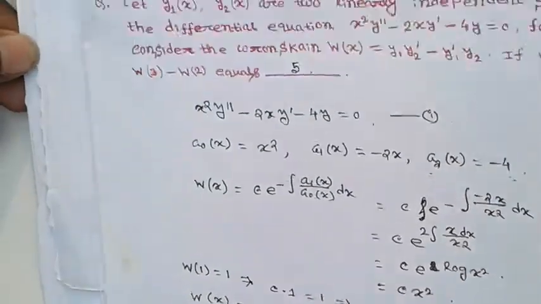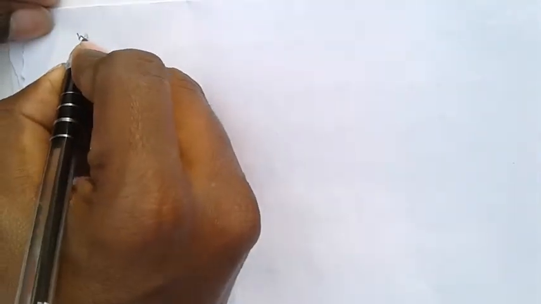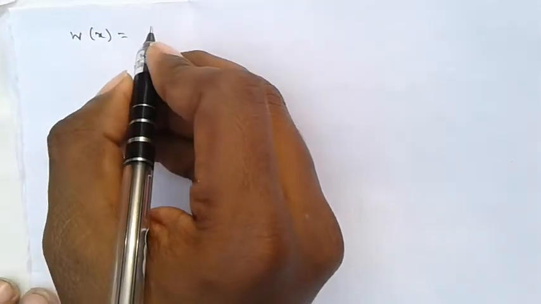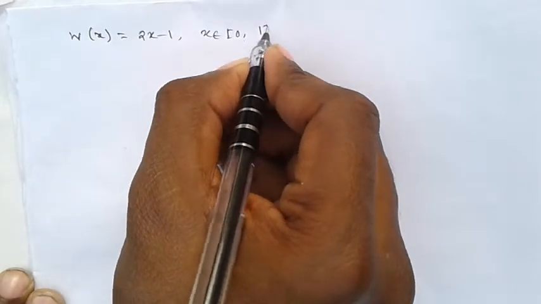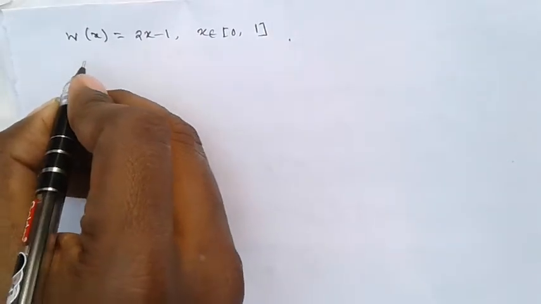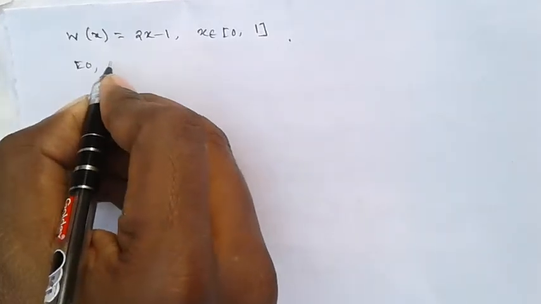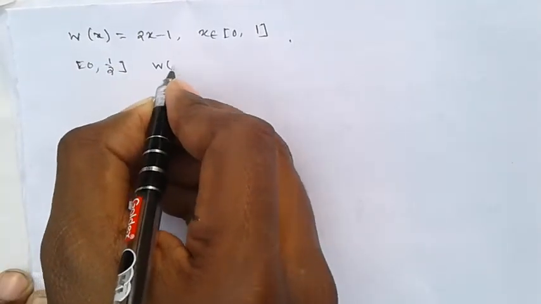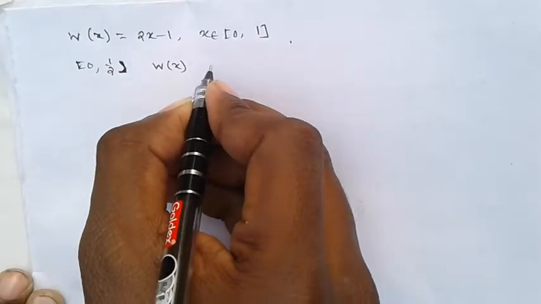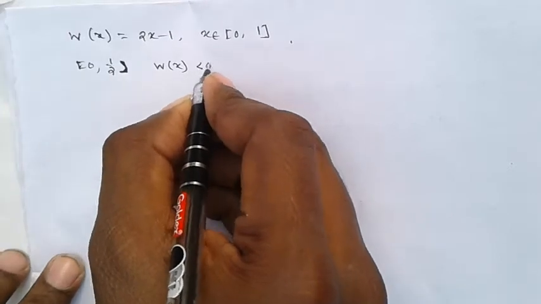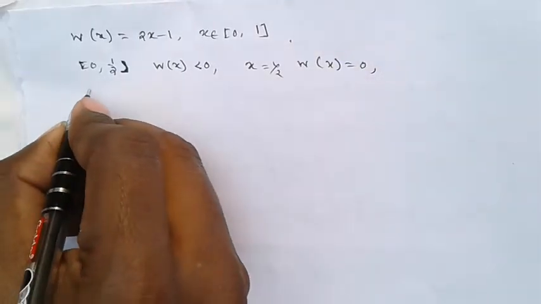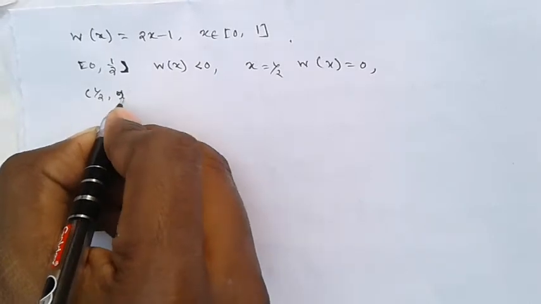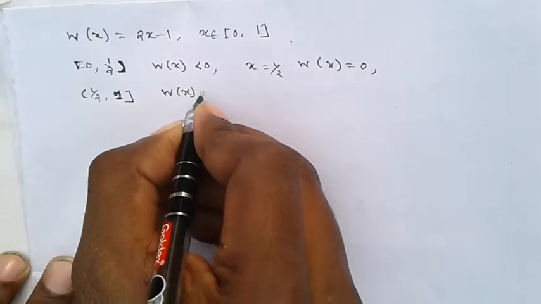Now, if we take W(x) = 2x − 1, where x belongs to the closed interval [0, 1], then you see that for x in [0, 1/2), W(x) is less than 0, and at x = 1/2, W(x) = 0, and for x in (1/2, 1], W(x) is greater than 0.